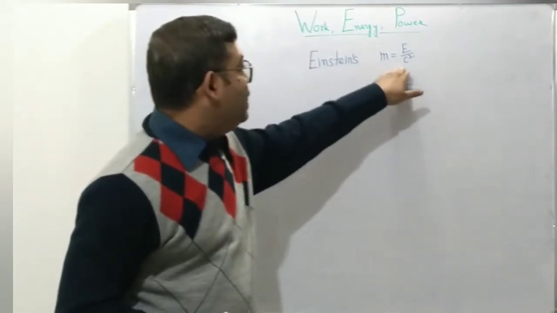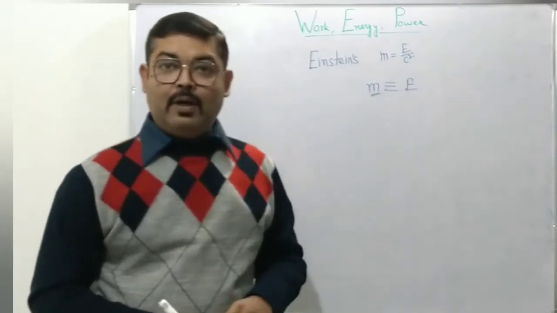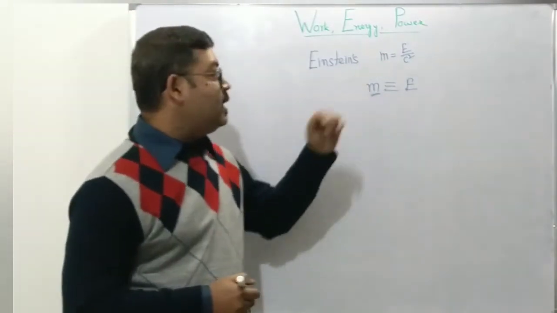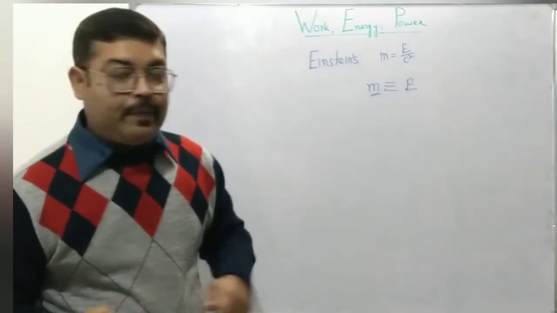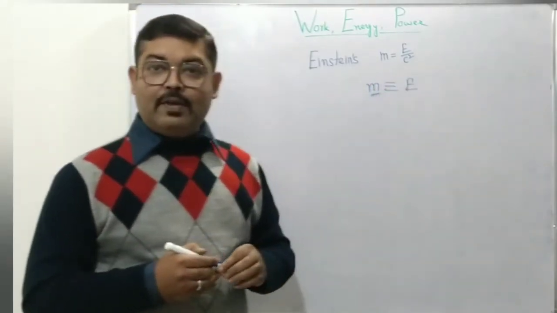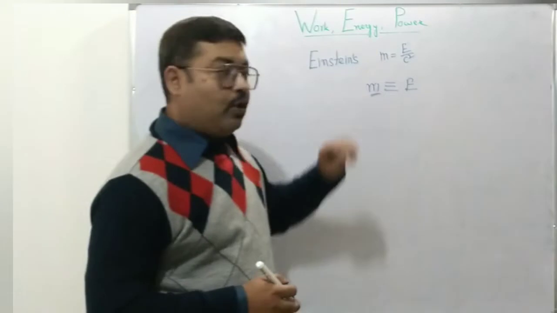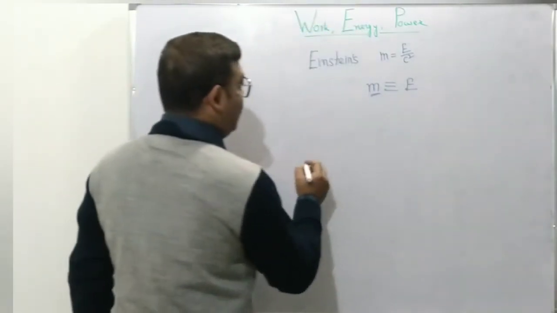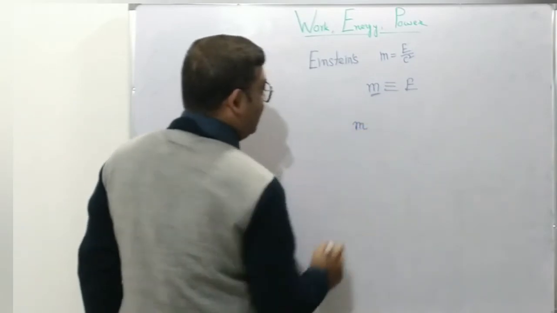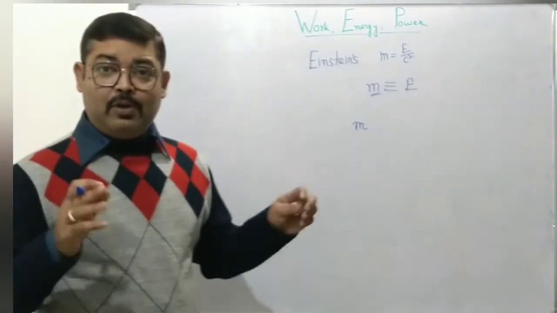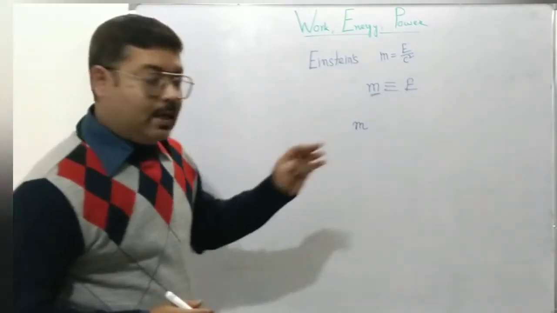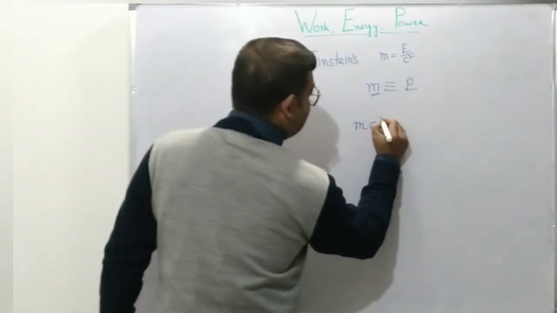That's what he meant by this equation, m equal to E by c square. The total amount of energy contained in a body divided by c square, where c is the speed of light. So the square of the speed of light will give us the mass contained in the body. And of course, which means that if you are given a certain mass m, and if you are able to release or convert the entire mass into energy, the energy that will be generated will be mass times c squared.